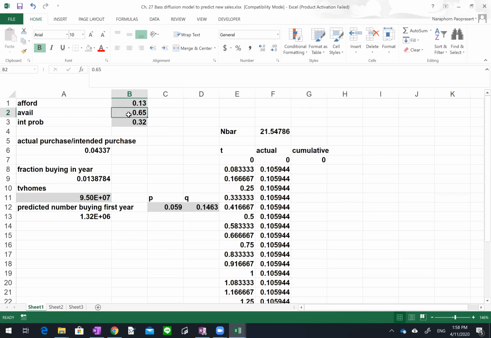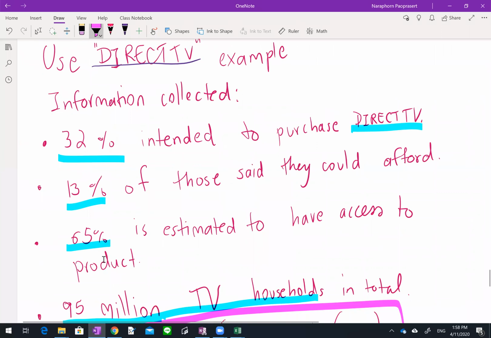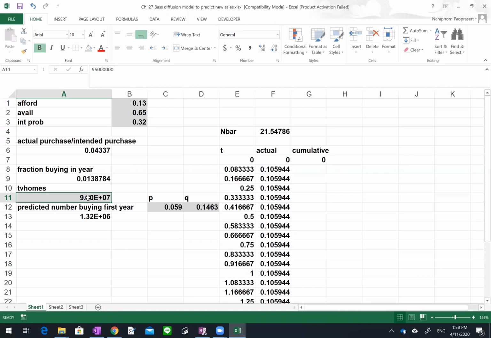There are 65% that can have access to the product. 32% have the intention to buy the product. So these values came from the information we just discussed, okay? And then later on, we also know that there are 95 million TV households. So this is also an input for the program.